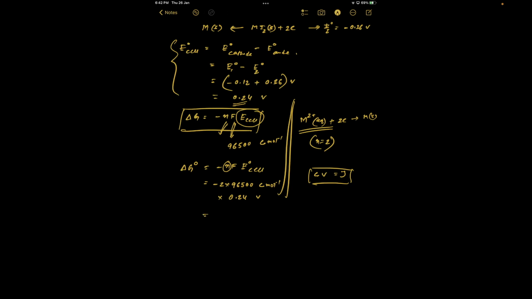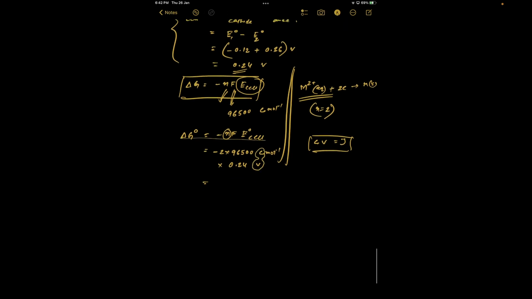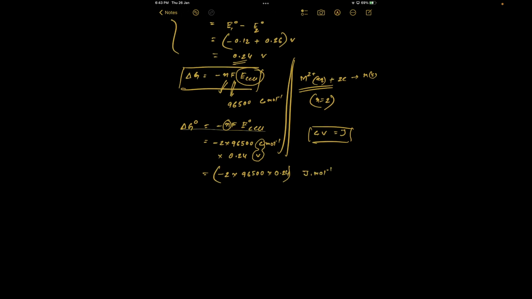So here it is coulomb, and here it is volt, so it will be joule mole inverse. So minus 2 times 96,500 times 0.24 joule mole inverse. Okay, now what is given? Okay.